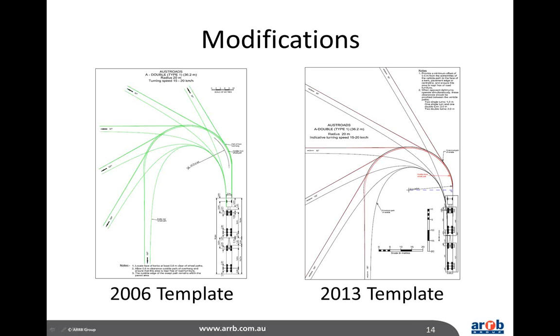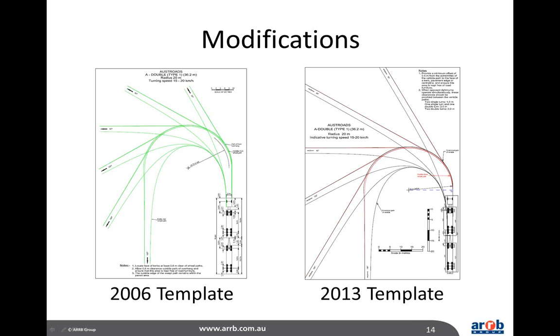We found in our simulations that if you're at higher speed, it pretty much draws the trailer around so that it follows a path closer to the prime mover. I hope that made sense. So there's no guarantee that a vehicle will travel at 15 to 20 kilometres an hour around a 20 metre radius turn. So we put the conservative 5 kilometre per hour simulation on the turning templates.